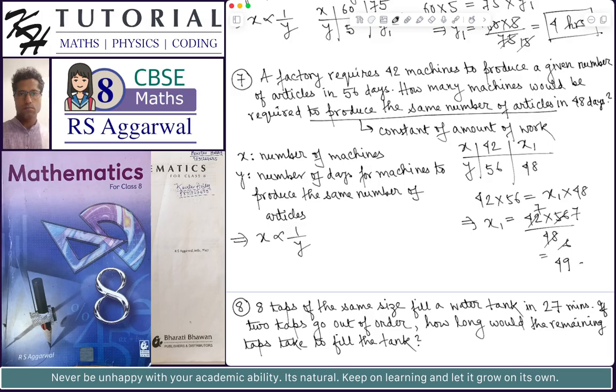So 49 machines will be required to produce the same number of articles in 48 days. You can see that to produce the same number of articles in 56 days, 42 machines were required. Now, to produce the same number of articles in 48 days, which is less than 56, obviously we need more machines. That is the reason we are having 49 as the value of x1.